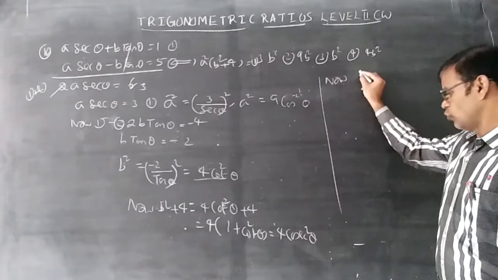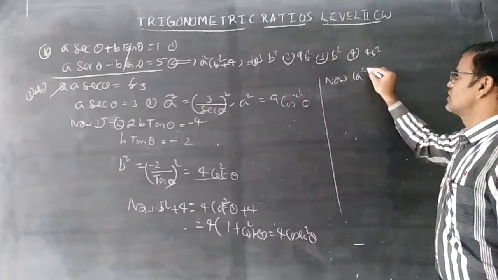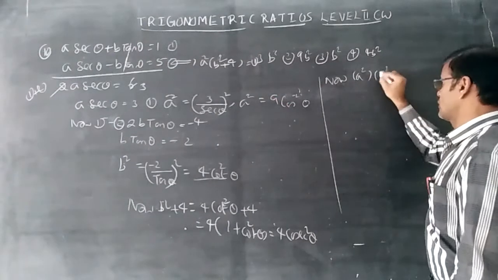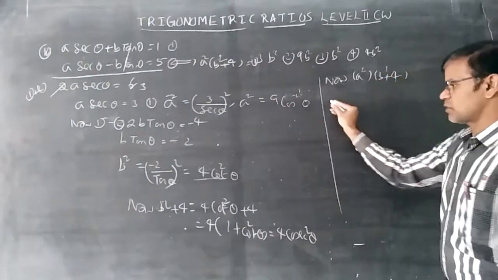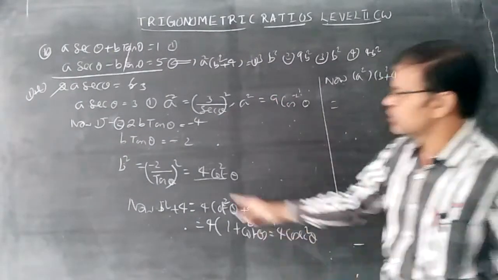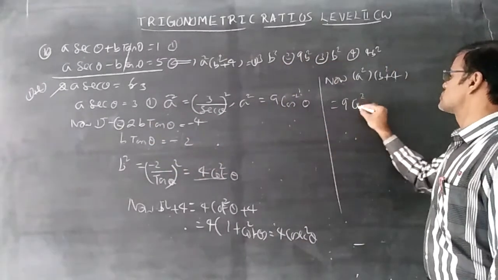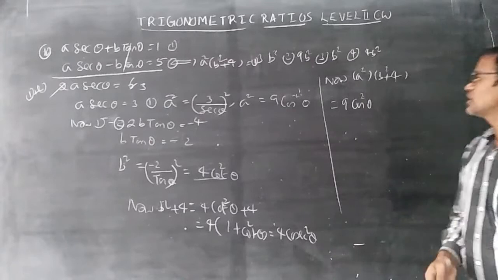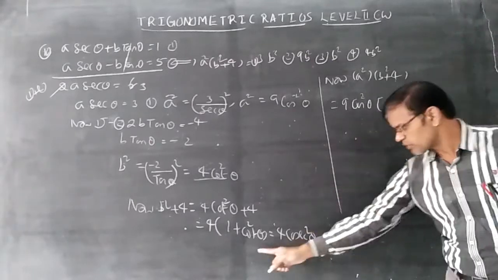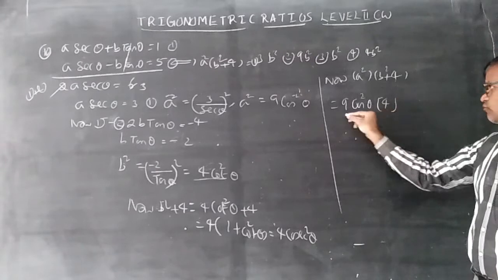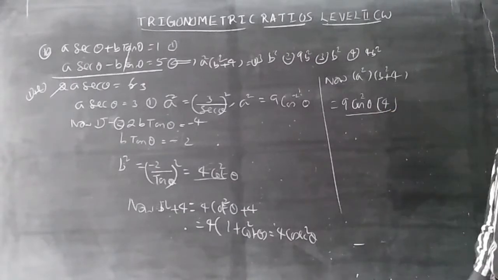Now, what is he asking? A square into b square plus 4. What is the value of a square? We have calculated here 9 cos square theta. 9 cos square theta into b square plus 4, how much we got? 4 cosec square theta.